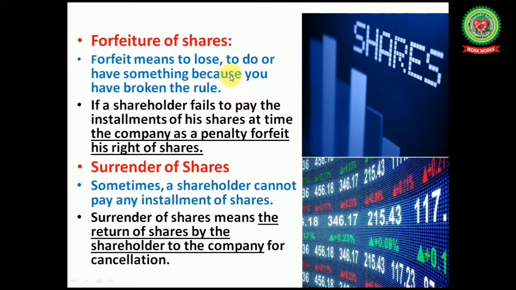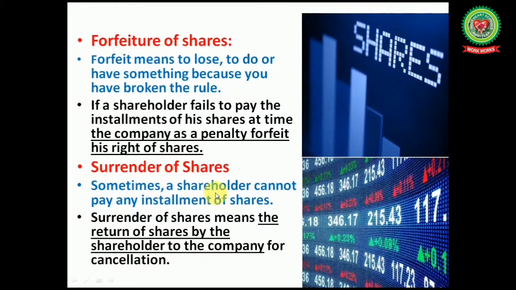Next is forfeiture of shares. So for example, forfeit means to lose something because you have broken the rule. So if a shareholder fails to pay the installments of his shares on time, the company as a penalty forfeits his right to the shares, it is called the forfeiture of shares. Likewise, another term is surrender of shares.